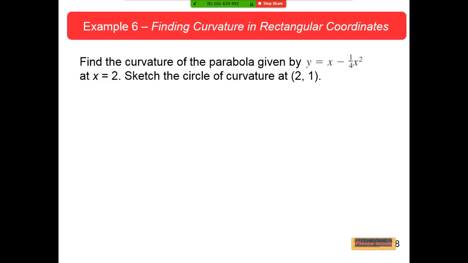It says find the curvature of the parabola given by this value. And it says sketch the circle of curvature at 2, 1. I was going to figure out what the y value is when x equals 2.